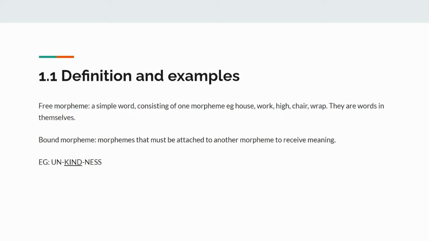In the example, unkindness, we have the stem free morpheme kind and the bound morphemes un and ness, which do not carry any meaning by themselves, but when put before and after the word kind, they make up the whole word unkindness, which is made up now by three different morphemes.